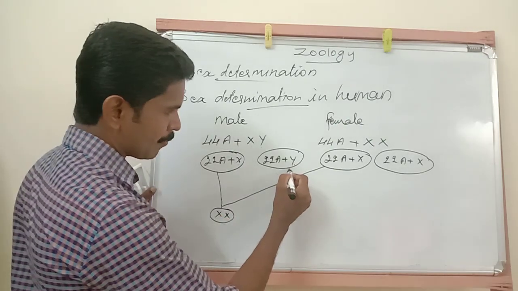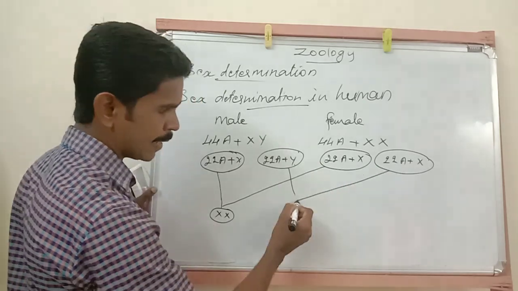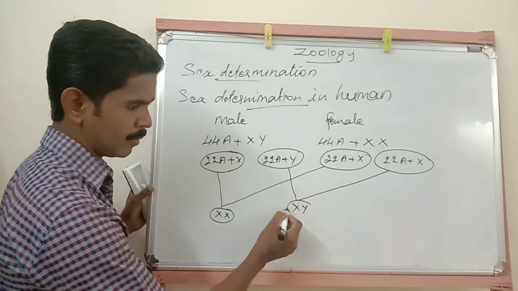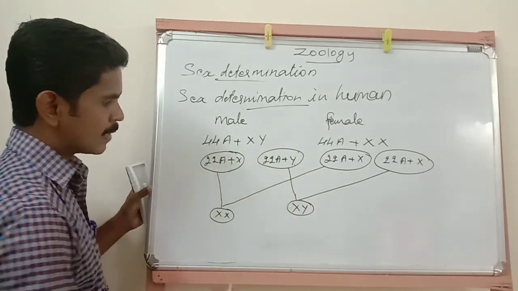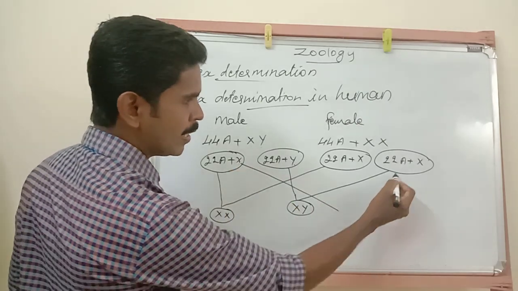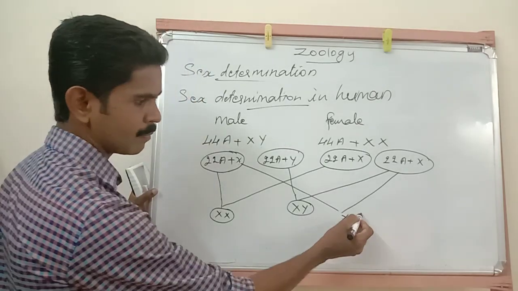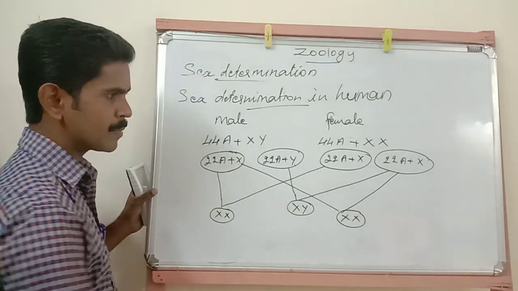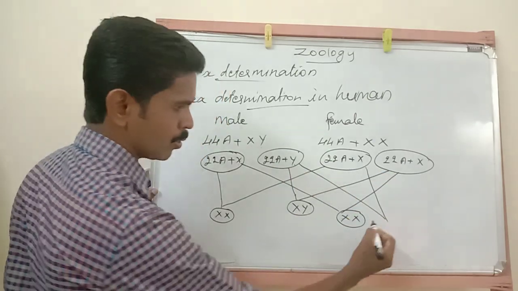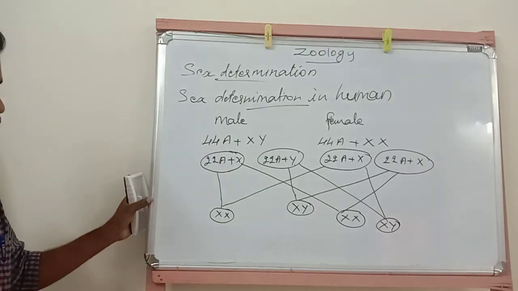Suppose from the male this Y chromosome is coming, and from the female this X chromosome is coming. So X and Y chromosomes are found. Sometimes this X chromosome may join with this X chromosome, so both are X chromosomes. And sometimes this Y chromosome can join with this X chromosome, so XY. Understand?